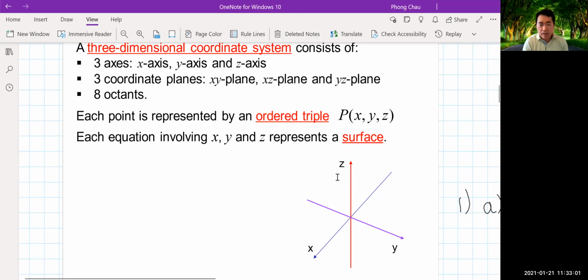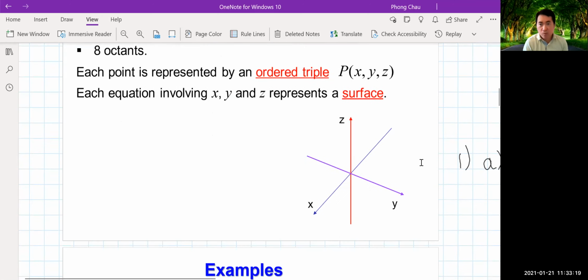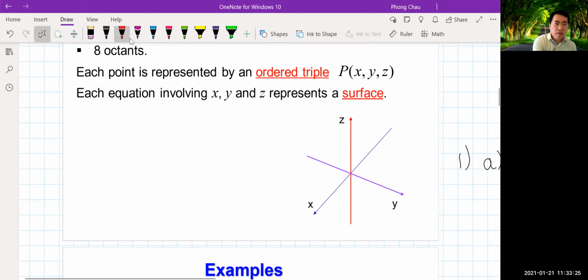Now, once you have defined these three axes, or this new three-dimensional coordinate system, we will be able to locate a point in space by an ordered triple. For example, how do we locate points?